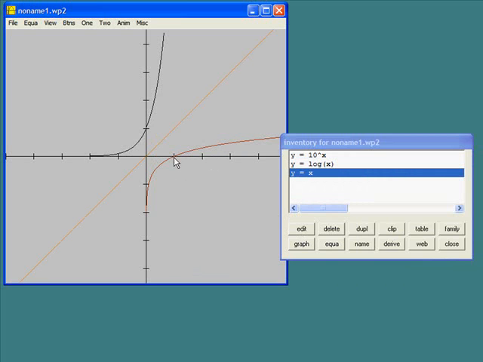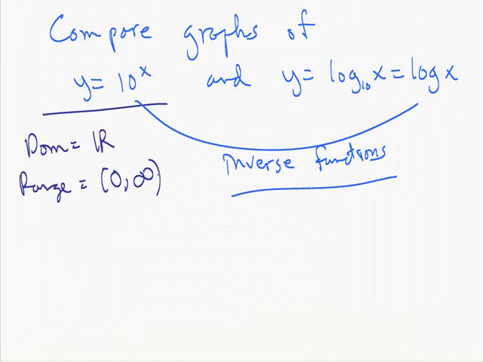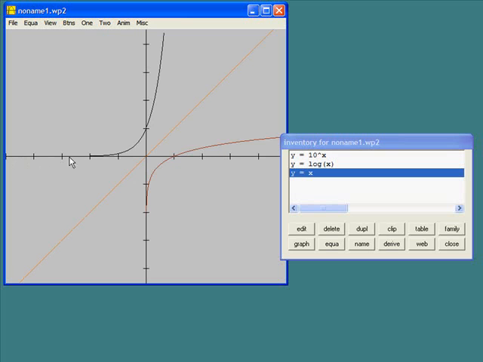The other thing you need to notice is that, with a function and its inverse, the roles of domain and range are switched. For y equals 10 to the x, the domain is all of R, and the range, you'll notice, is 0 to infinity. That's going to be true for any a to the x power.